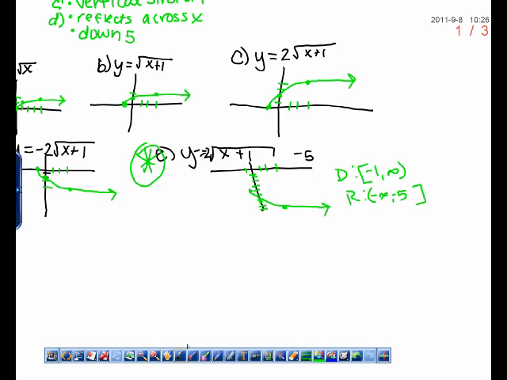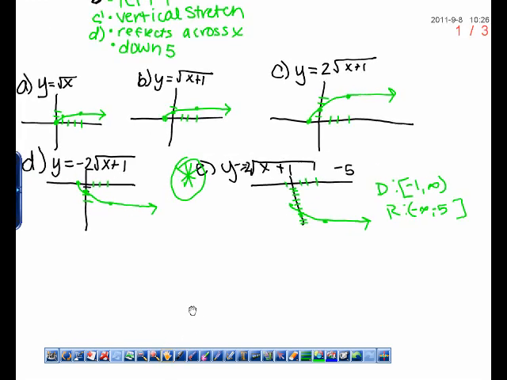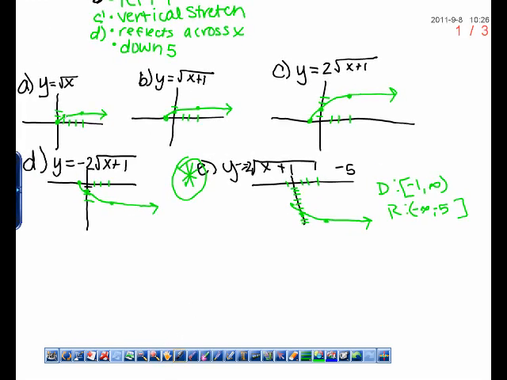Someone else had a question. Stuart? I just don't get how to get the numbers. Which numbers? Like the points on the graph. Okay, you have to know the points that you're starting with. So when we started with our graph, we had 0, 0, 1, 1, and 4, 2. Okay? And then as we were moving, we went left 1.